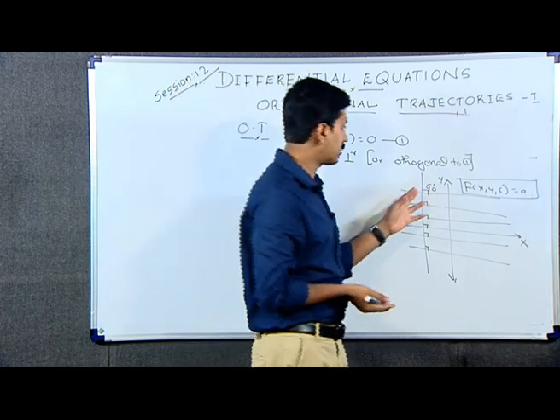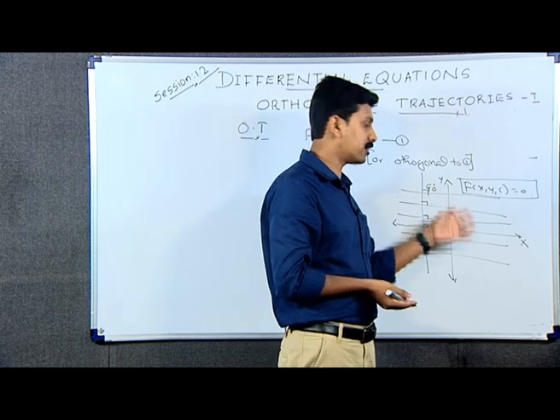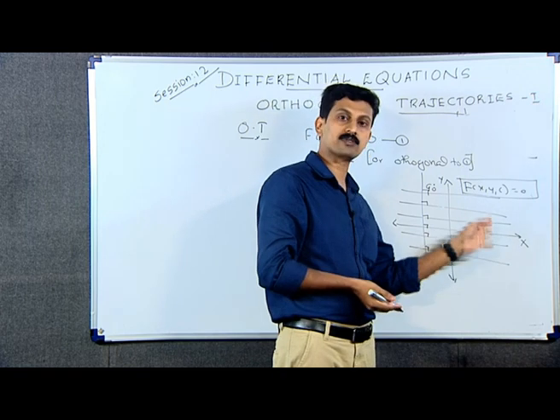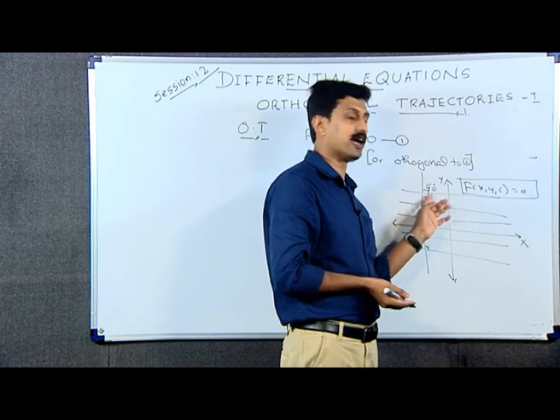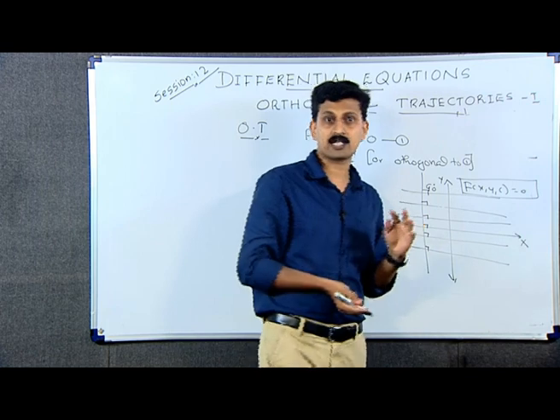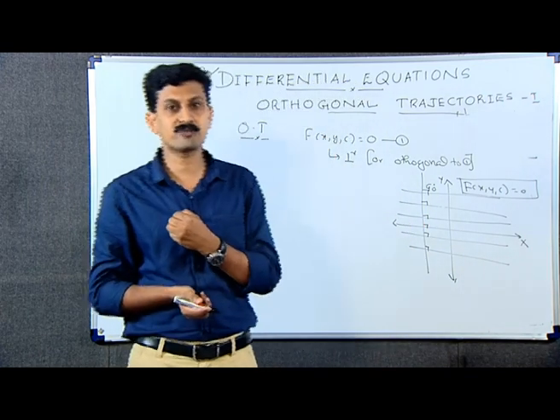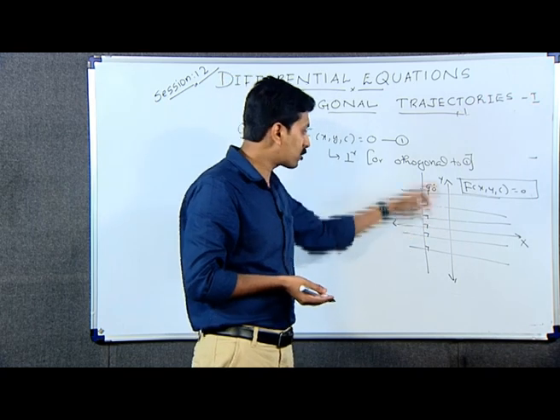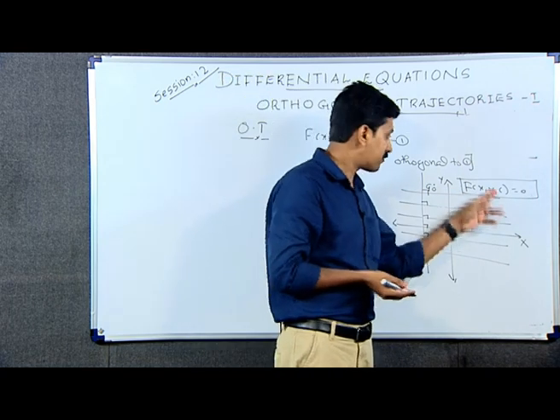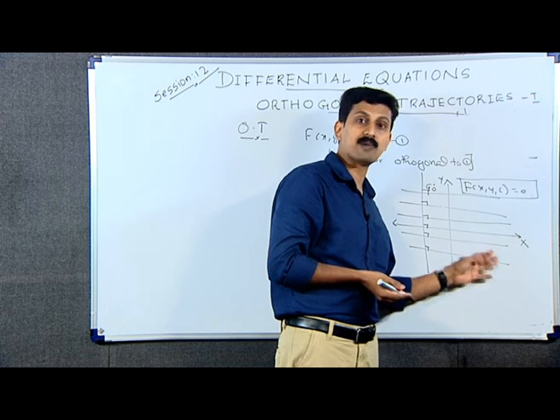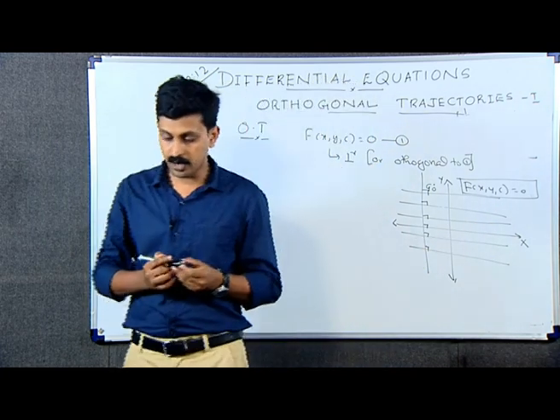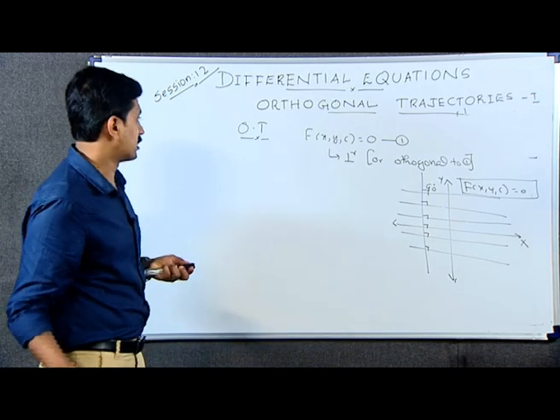Simply, we can draw an infinite number of lines which cross the family of straight lines parallel to the x axis at an angle of 90 degrees. So, the set of all the family of straight lines parallel to the y axis are the orthogonal trajectories of the family of straight lines parallel to the x axis. So, our aim is to find the orthogonal trajectory.